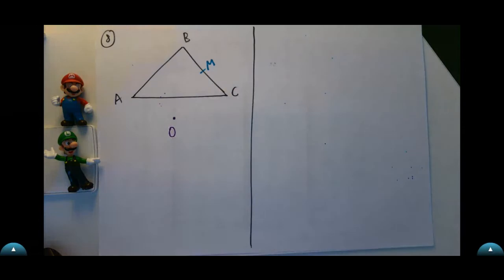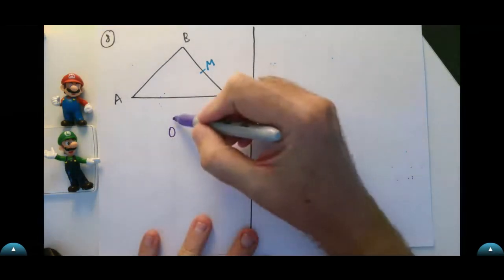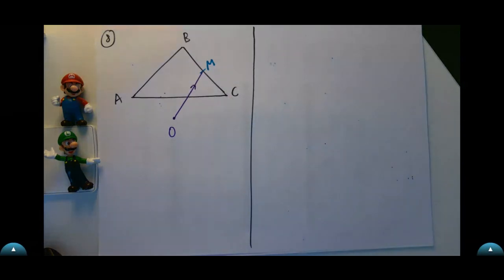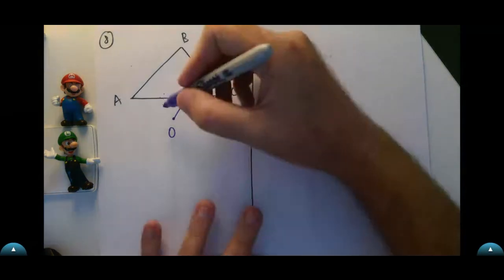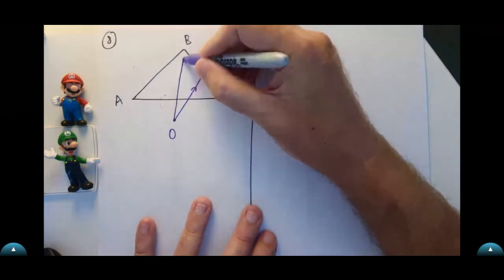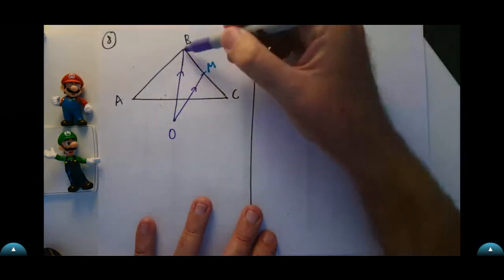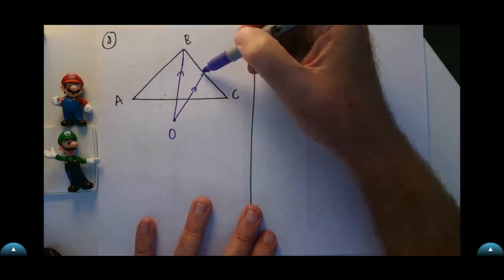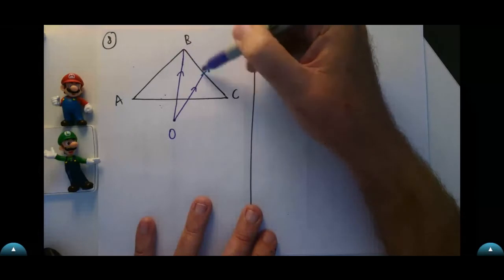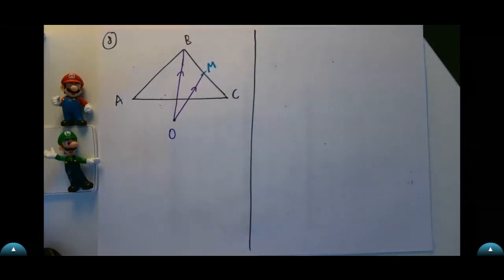I'm not drawing any axes. What I would like to calculate is the vector OM. And to do that, I can do it a bunch of ways. What I can do is go there and then go there, and M is the midpoint, so I want half of the vector BC.